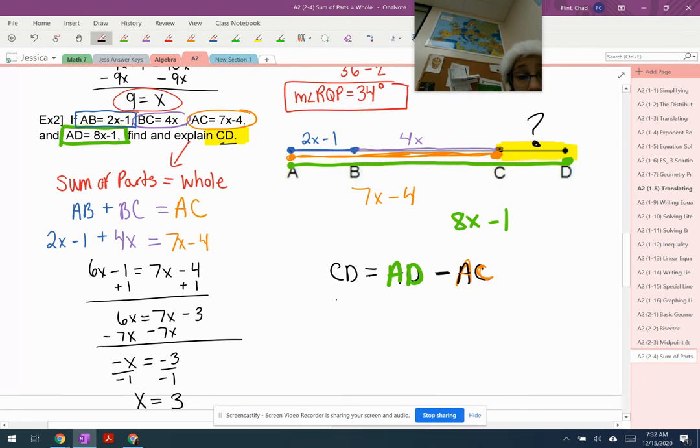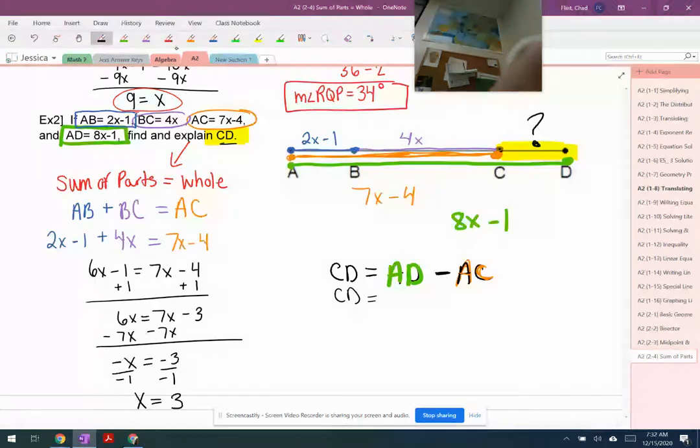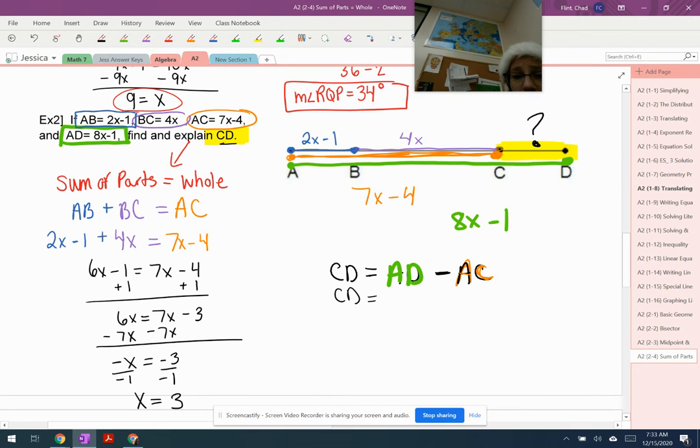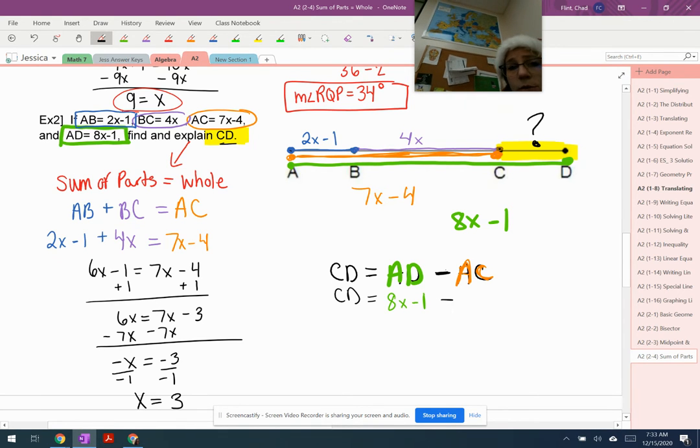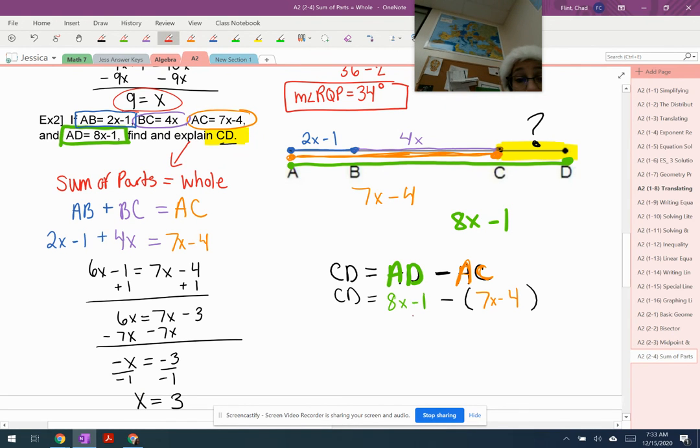Okay, so CD is equal to AD, which was 8x minus 1, and we're going to subtract the entire AC, so we're going to use parentheses, and we know that x is equal to 3.